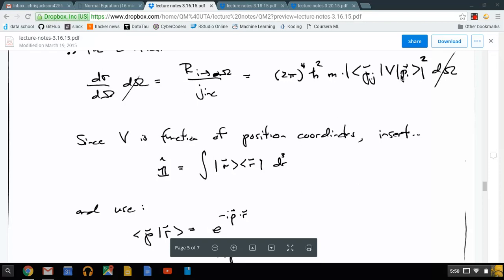And then what I'll have is on the right, I'll have a R bra being dotted into a P ket, and on the left, I have a P bra being dotted into an R ket. And those two things are just plane waves, right? One's left going, one's right going. So they'll be going left or right, right?